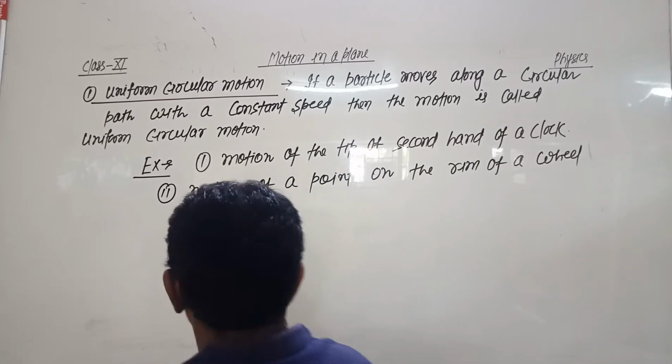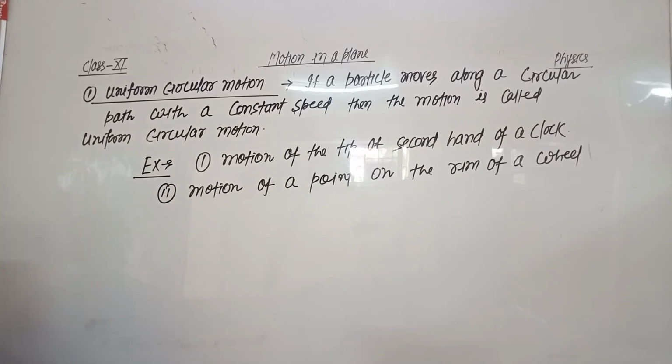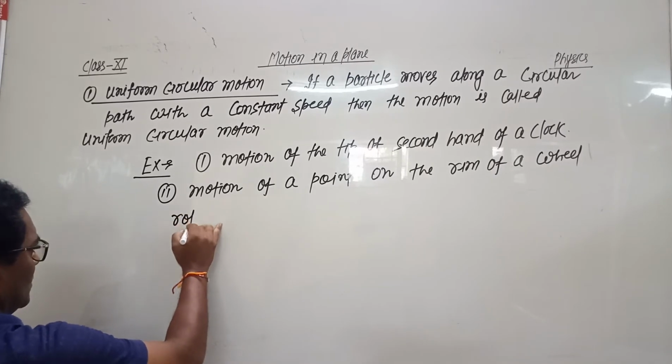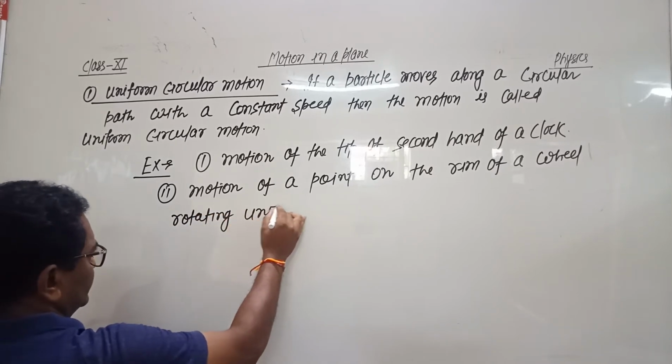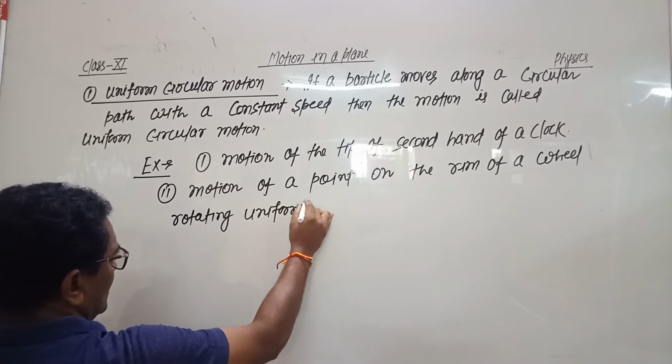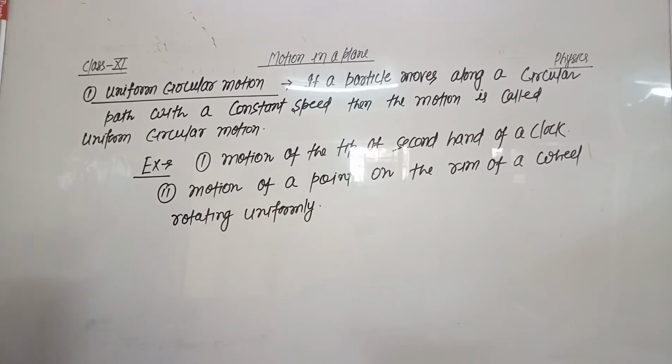There is a point on the rim of a wheel, so the motion of the point on the rim of a wheel rotating uniformly. When the wheel rotates uniformly, then the point on the rim also rotates. So such types of motions are uniform circular motion.